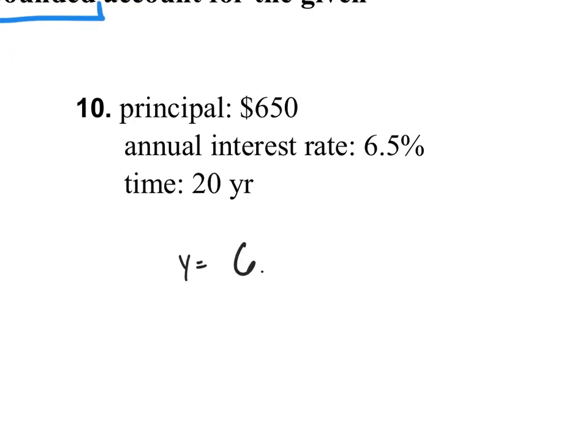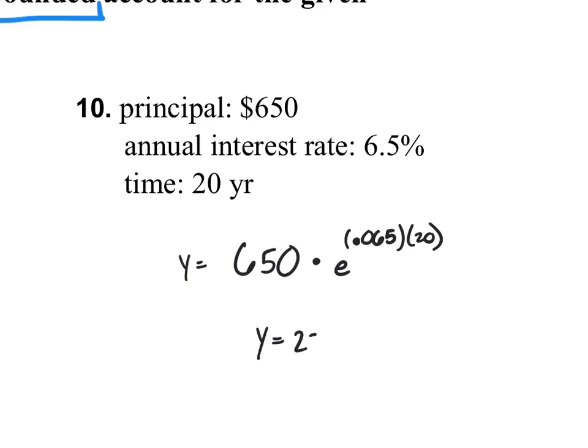We could do it on this one too, where we have y is equal to 650 times e raised to 6.5% as a decimal times 20. And this one's going to be much larger because the amount of time that we're letting the interest gather is much larger.